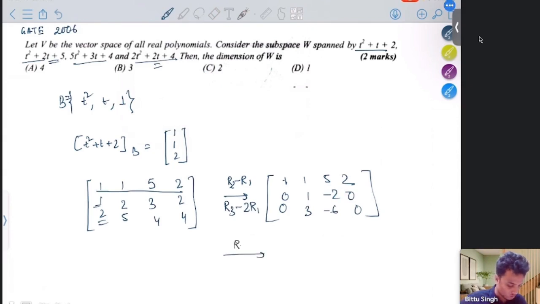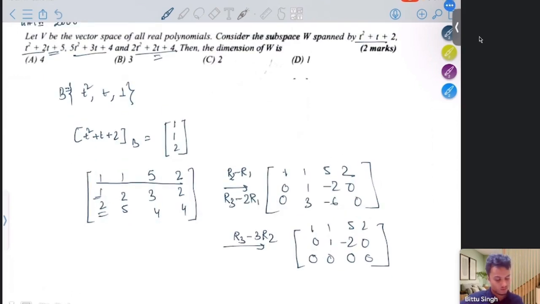Now R3 minus 3 times the second row, this will remove the entries from the third row, and they have the same 1, 1, 5, 2, 0, 1, minus 2, 0. So from here we are getting an upper triangular matrix, and clearly this reduced matrix R has rank 2.